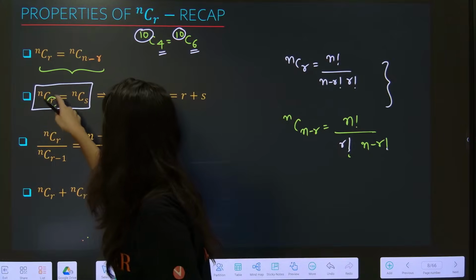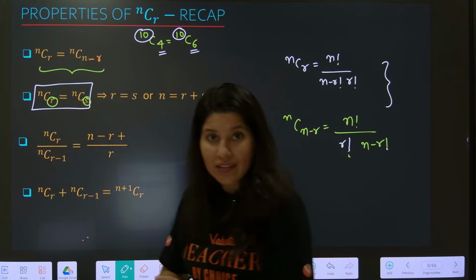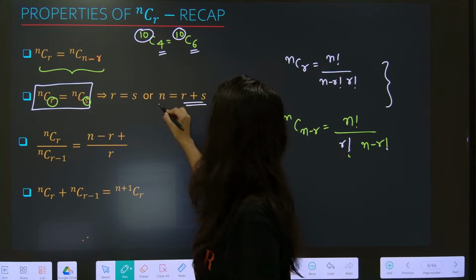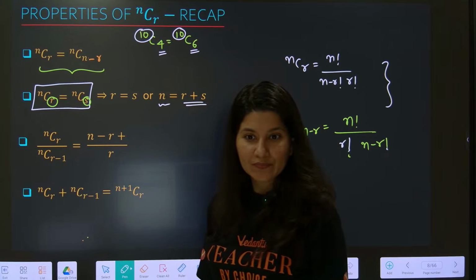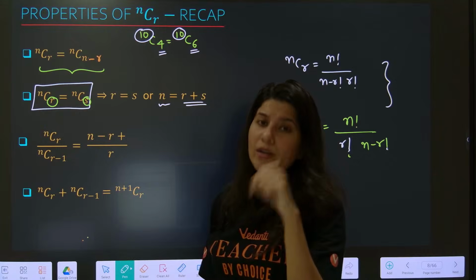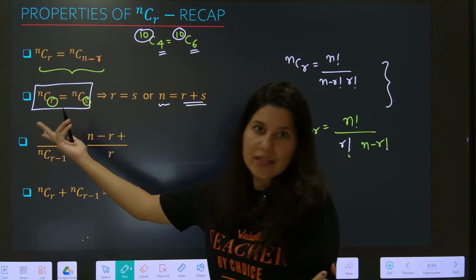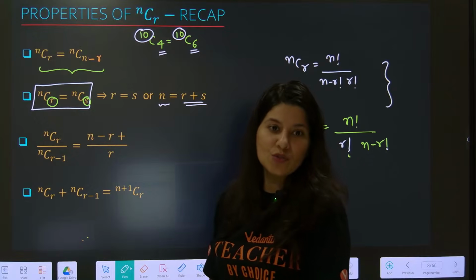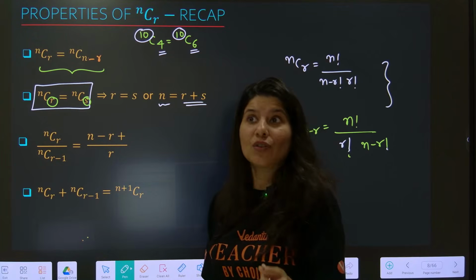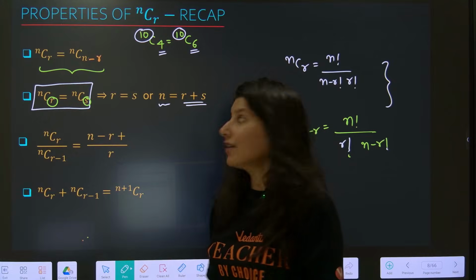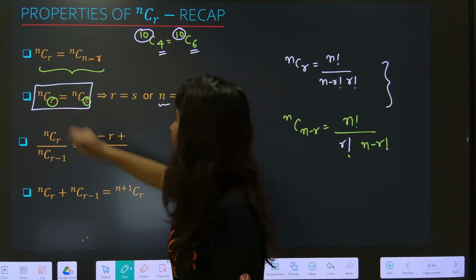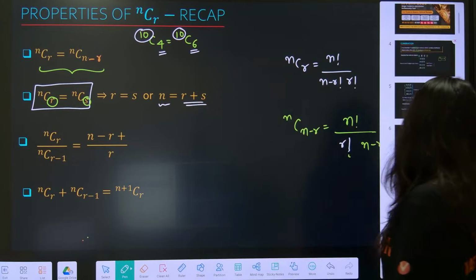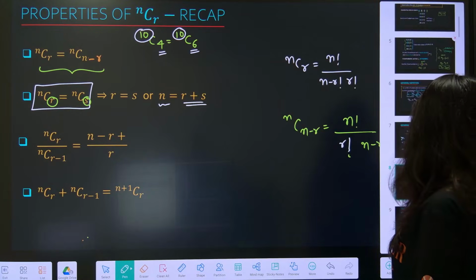R and S, if you add, you should get N. So R plus S equals N. Or another way is if R and S are equal, then it will be equal only. That's so basic. But if they are not equal, then N is equal to R plus S.